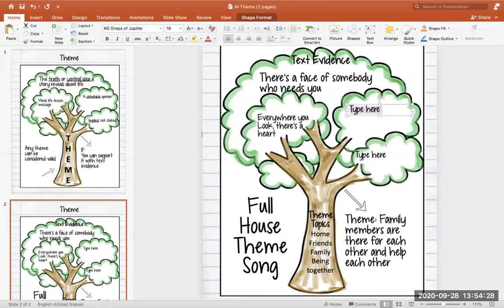He also says that a light is waiting to carry you home. It could be inferred that the light is somebody who loves you waiting to carry you home, or it could just mean they turned on the light so you can find your way home. So I'm going to use that as family members being there, and type in, a light is waiting to carry you home.